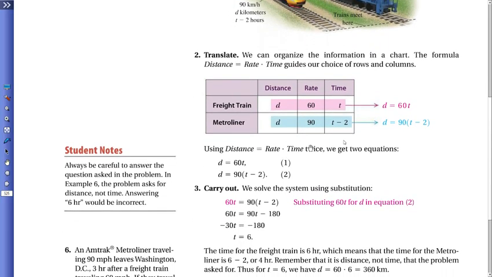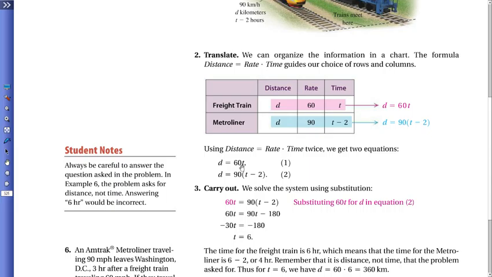So now we have two equations with two variables. We have a system of equations. Now this is really set up for substitution because both equations are already solved for one variable. And when I think about this, they're going to go the same distance, right?